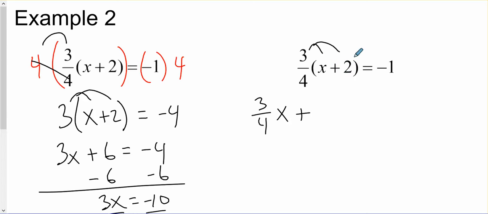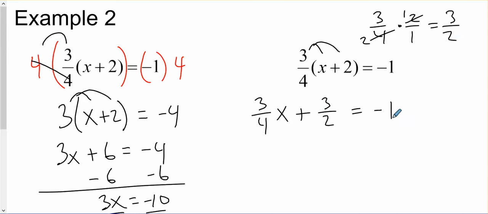Well, for those of you who have trouble with this, 3/4 times 2. What happens with those 2's? 2 goes into 4 twice, 2 goes into 1 once, and so those simplify out. So I'm left with 3/2. So that's 3/2 equals -1.